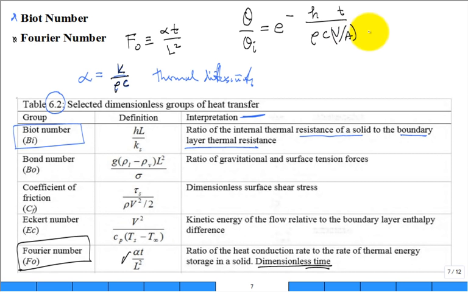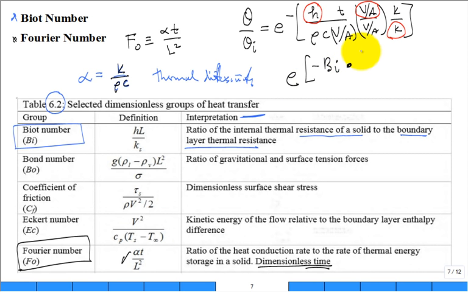Take this equation and multiply by volume to area over volume to area. We didn't change anything, did we? And then multiply by thermal conductivity over thermal conductivity. We didn't change anything. And what we can find is that you'll grab out the h L over k. What was that known as? Biot number.